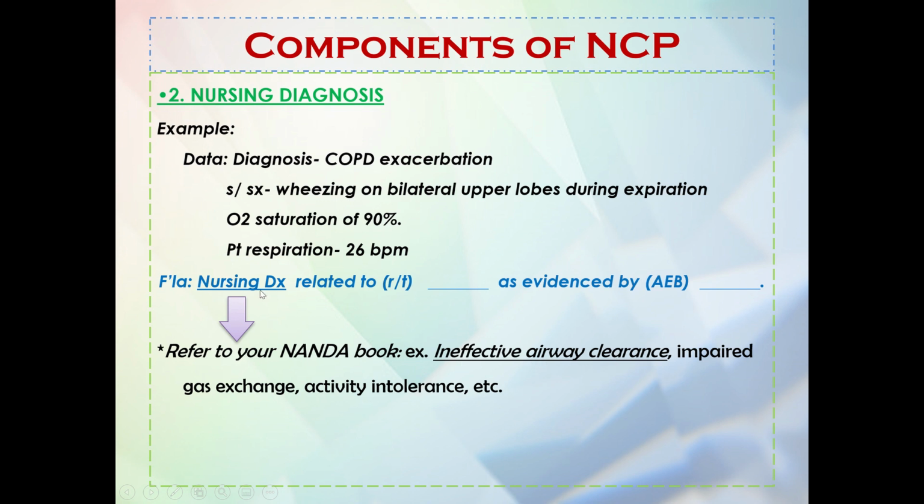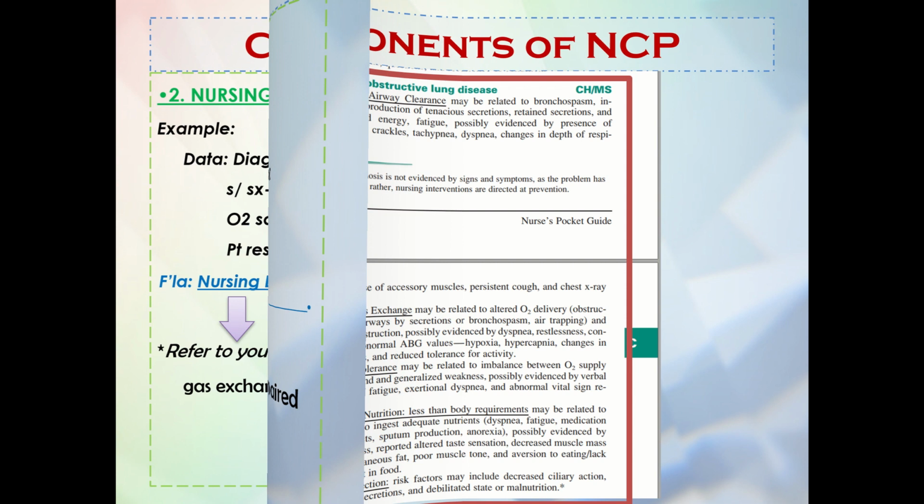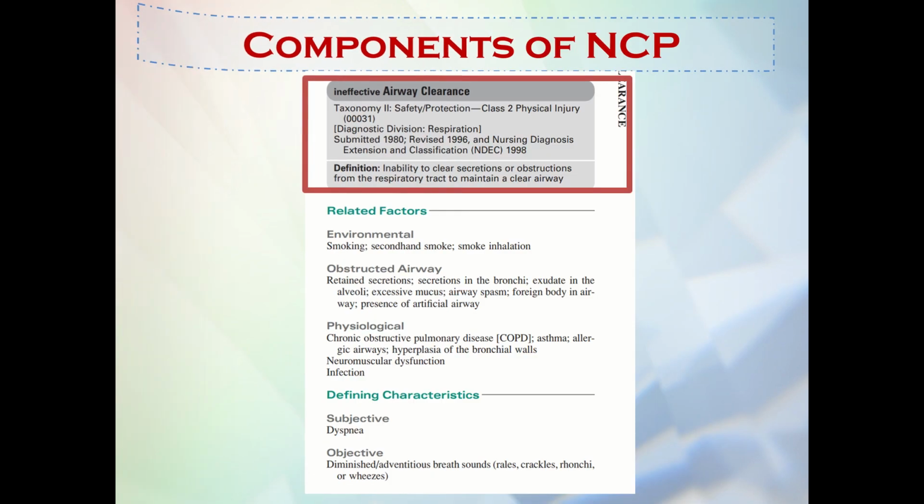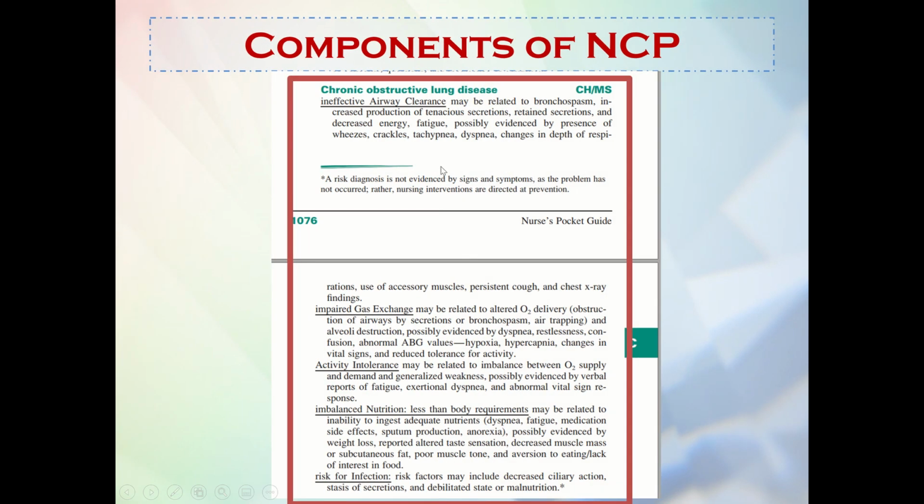So now, meron na tayong unang sagot sa ating nursing diagnosis. You have the ineffective airway clearance. Okay, so that's how we get our nursing diagnosis in the book, in the reference book that I told you earlier.